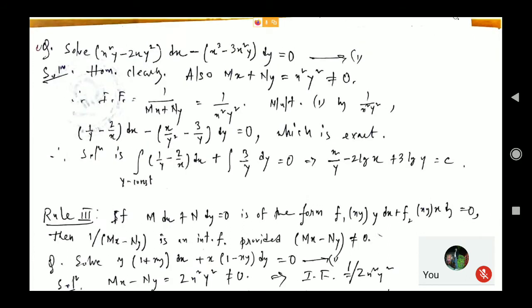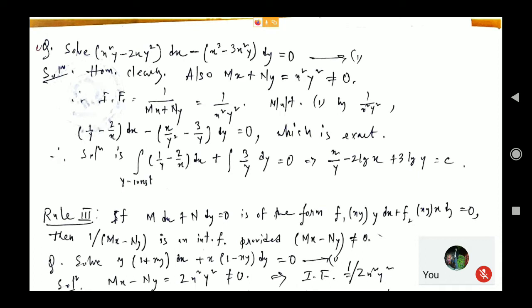Let us see an example. Here is one example, given to you to solve. First you will check if it is exact or not. In fact, you will see that this equation is not exact. The exactness condition we know is del M del y equal to del N del x.